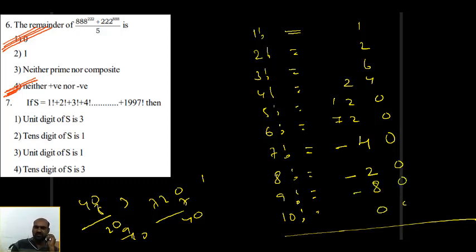After 10 factorial, the numbers end with at least 2 zeros: 11 factorial ends with 2 zeros, 12 factorial likewise.